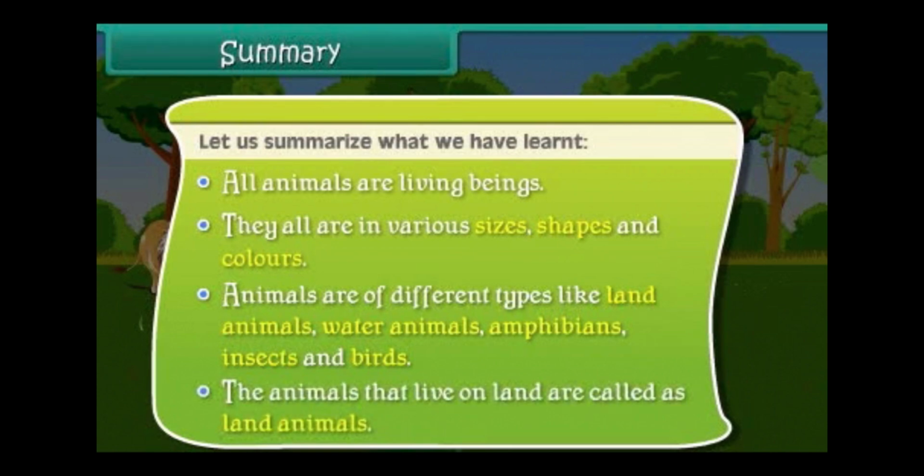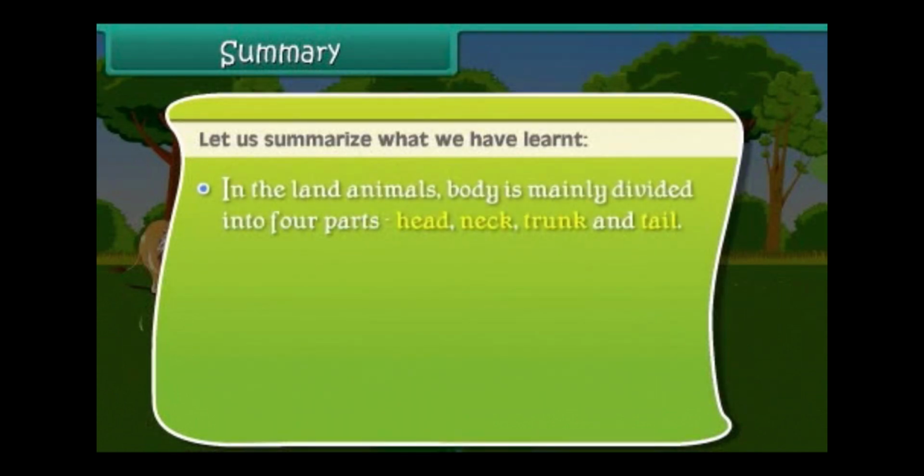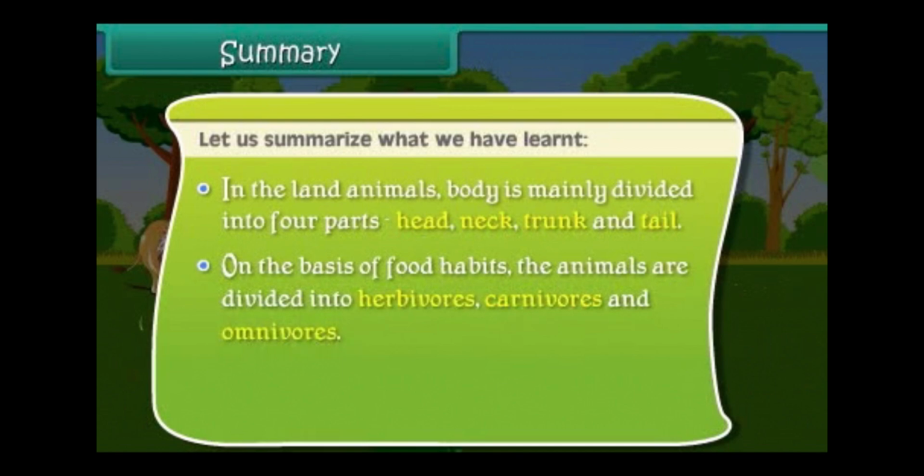The animals that live on land are called land animals. In land animals, the body is mainly divided into 4 parts: head, neck, trunk, and tail. On the basis of food habits, the animals are divided into herbivorous, carnivorous, and omnivorous.